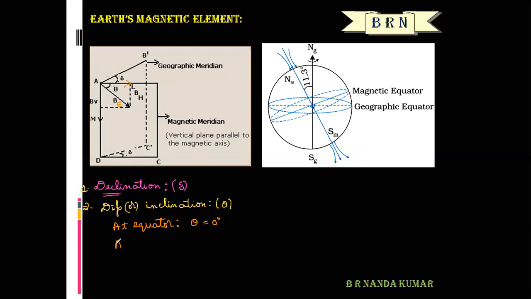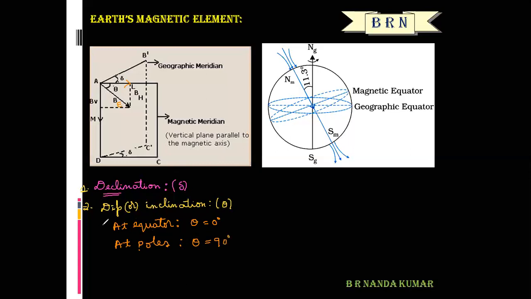But at poles, BE is perpendicular to BH, so dip is maximum.